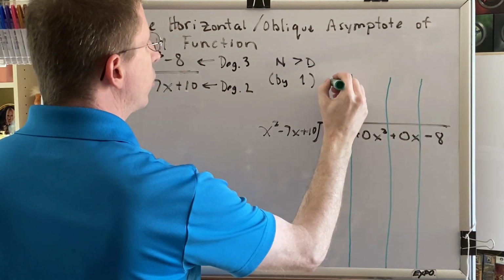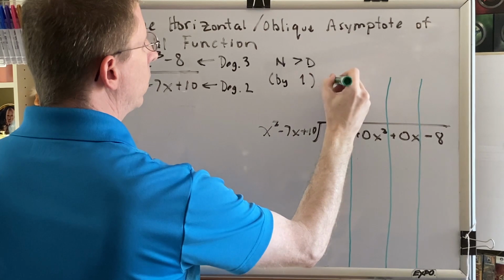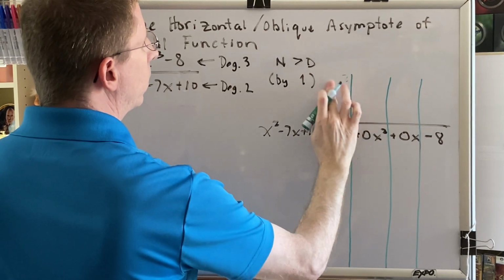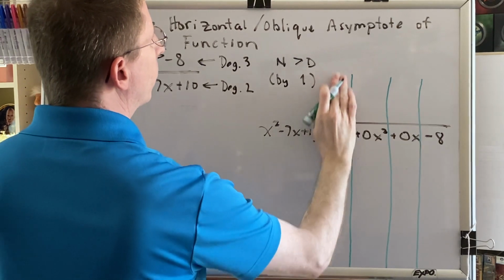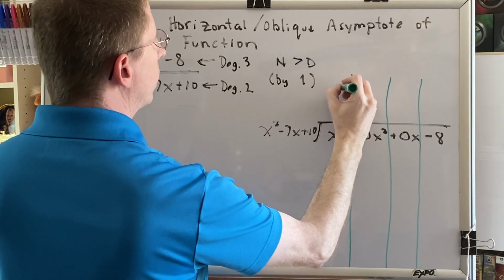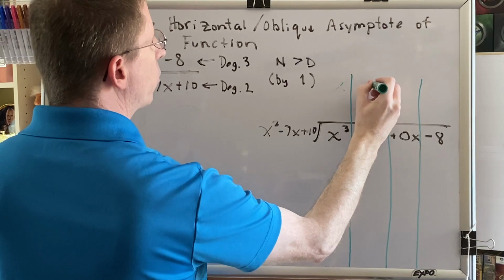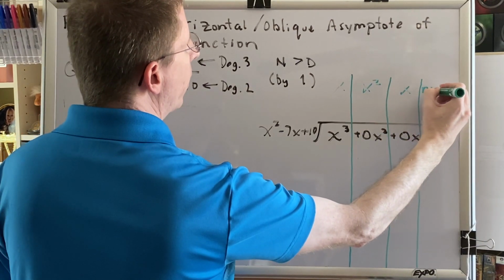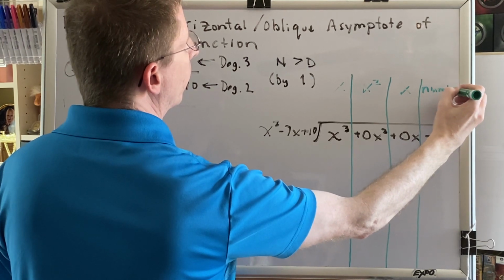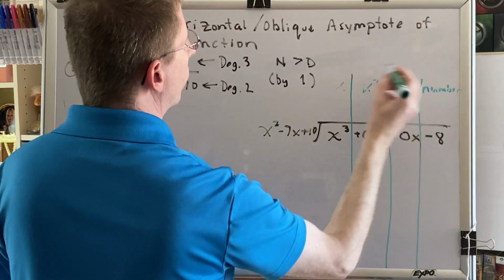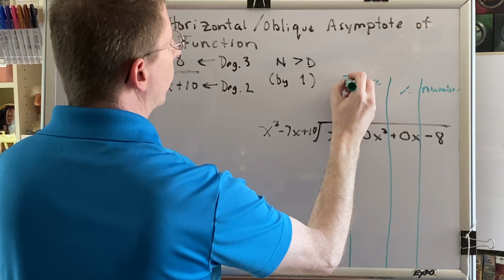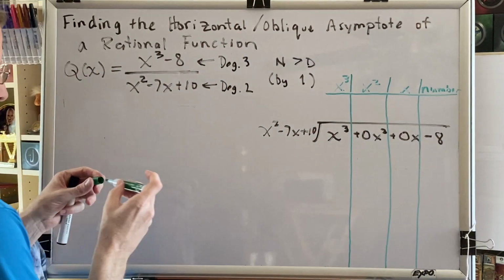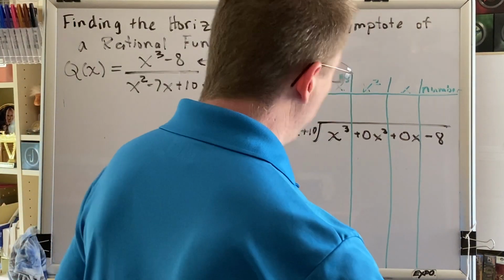This will be our x cubed column, this will be our x squared column, this will be our x column, and this will be our number column. With that we are now ready to begin polynomial long division.